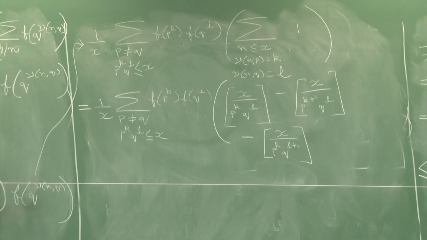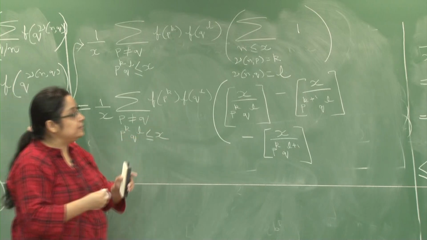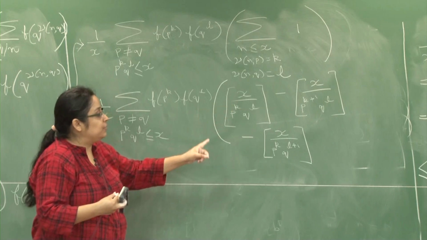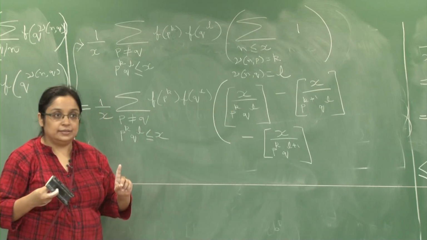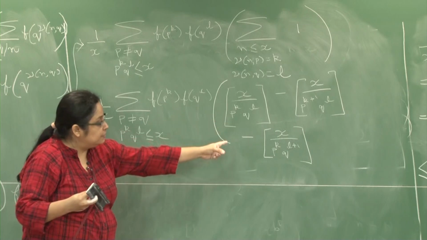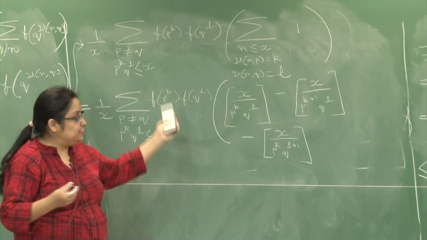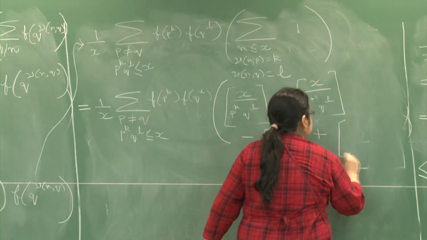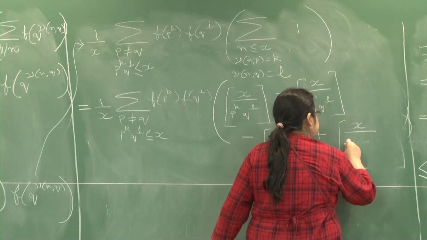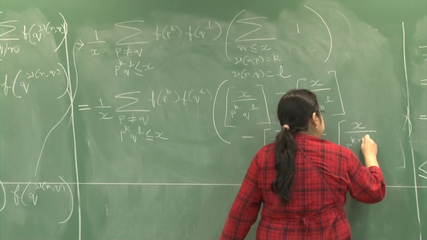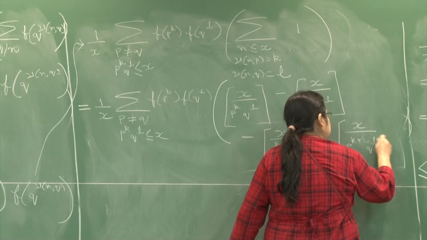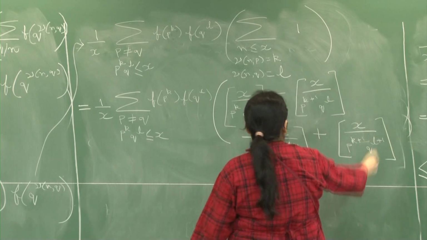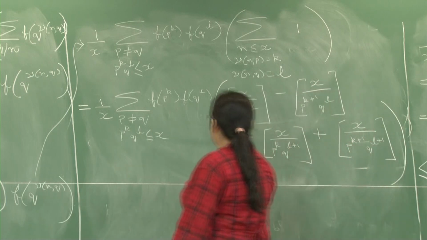Which are those terms? Those terms which are multiples of p to the k plus 1 times q to the l plus 1. You have ended up removing them 2 times. So, you need to put them back. So, there is this inclusion exclusion going on here. So, box of x over p to the k plus 1 q raised to the l plus 1.